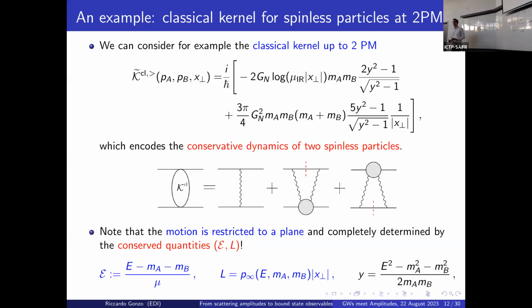One thing I want to mention here, you can make contact directly to conserved quantities, which is what you should do. As I said, because we are now in partial wave basis, just from this quantum theory perspective, you can make contact with the orbital momentum, which is just related to the total center-of-mass momentum, times the impact parameter, x perp. And the kernel is a function of the rapidity, but rapidity is a function of the energy.